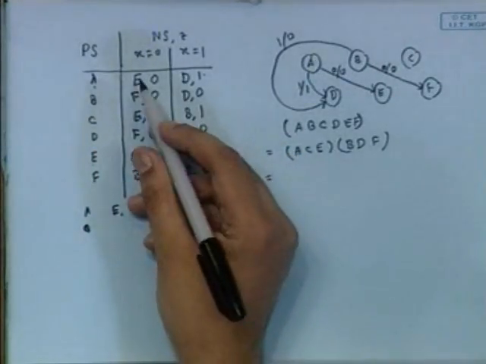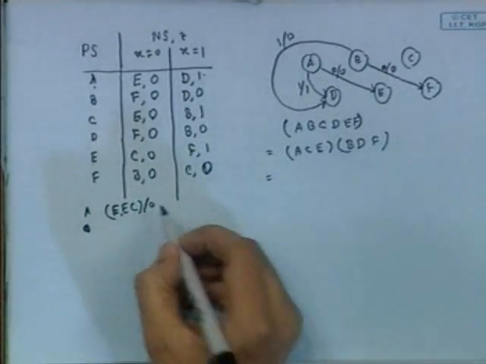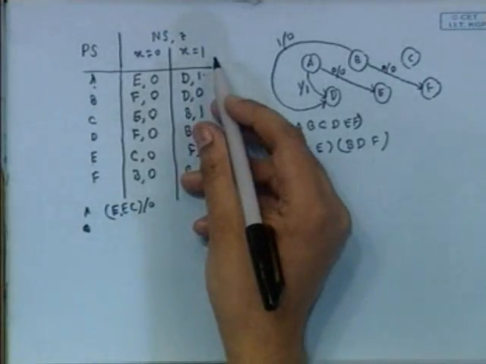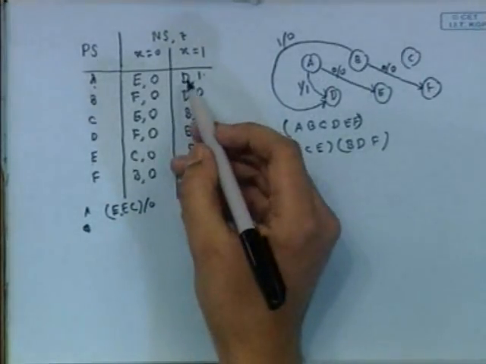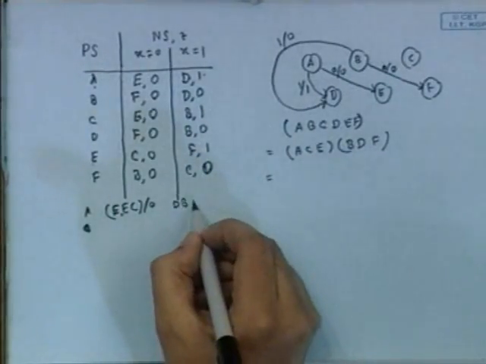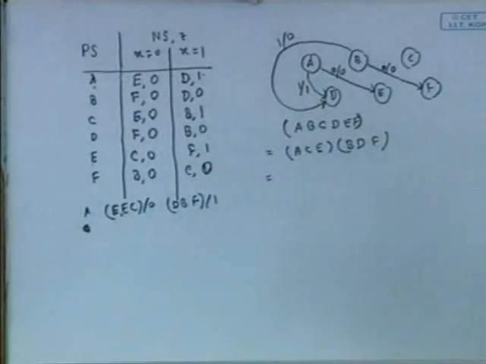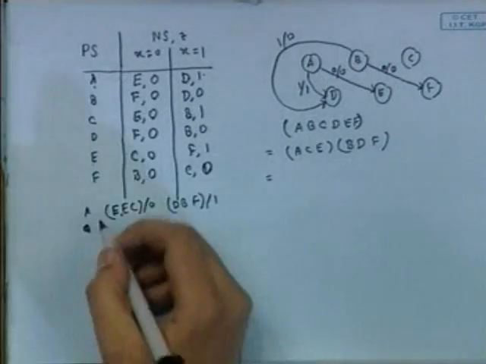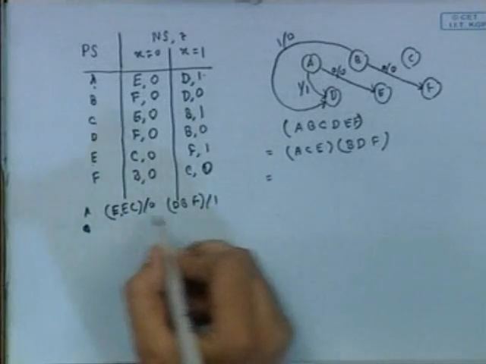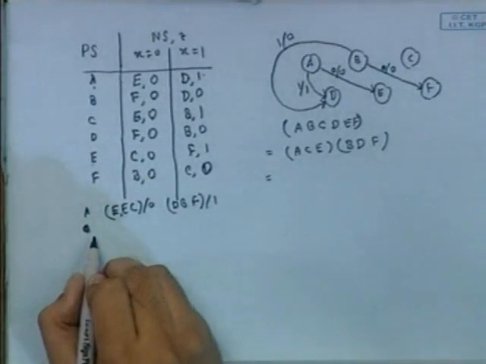For ACE we go to E and C with input 0, or for input 1 it will go to D, B and F with input 1.